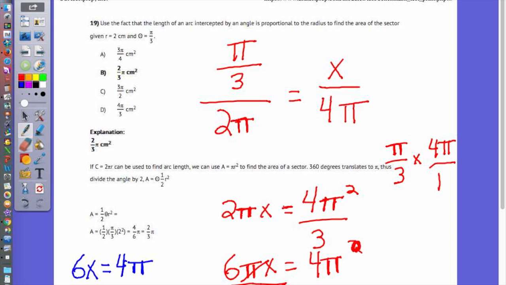So when I divide both sides by 6, that simplifies to 2 pi over 3. Also, I can simplify. If I had the 3.14 in there, it makes simplifying stuff way more difficult, right? Yeah. Okay, do you understand this one?